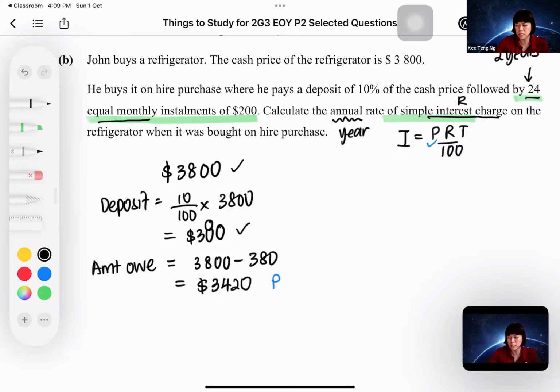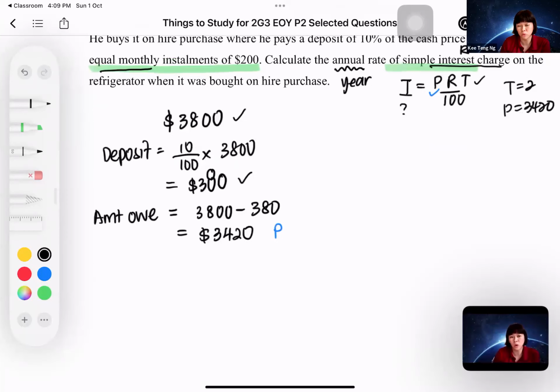So my T in this case will be 2. T equals 2, P equals 3420. I don't know what the rate is. And I need to know what this interest is. Interest is the actual cash amount. But what other information did they give me? They gave me that I need to pay the remaining amount by 24 equal monthly installments of $200.